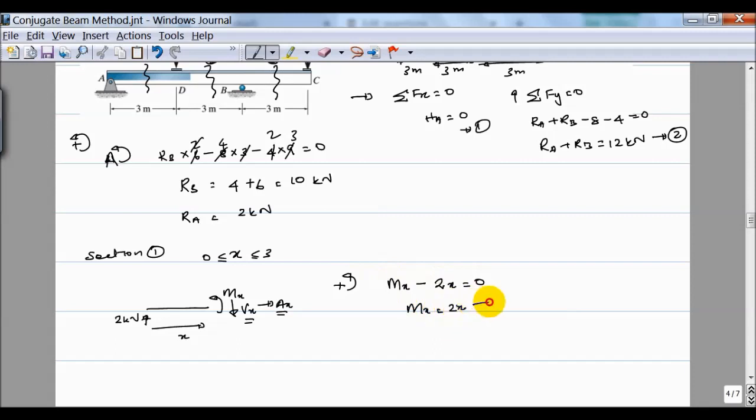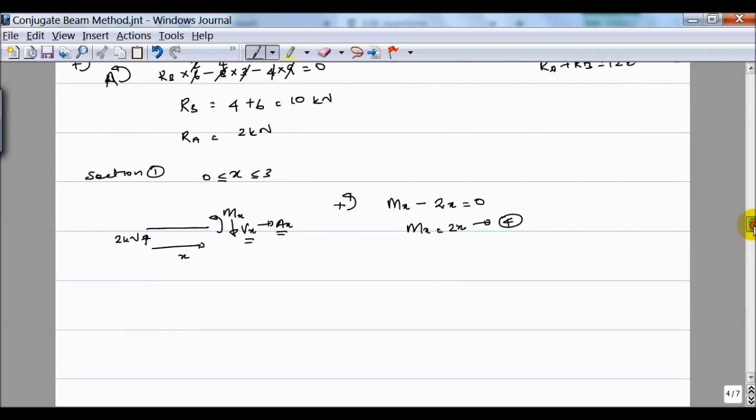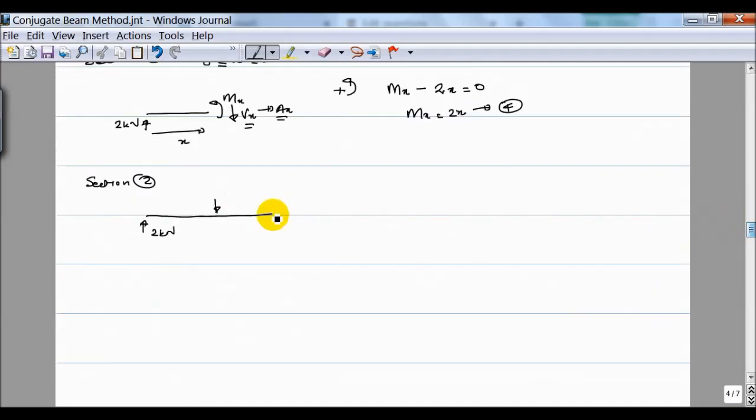This equation is valid between 0 and 3, which means it's a linear curve where the moment is increasing with the distance. Now if I consider section 2, that is a typical section where you have RA, that is 2 kilonewton, and you have a load that is acting. That load is 8 kilonewton.